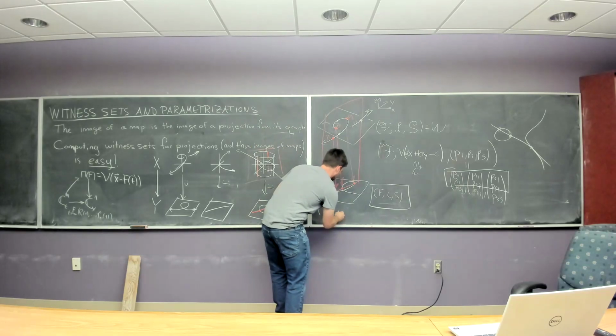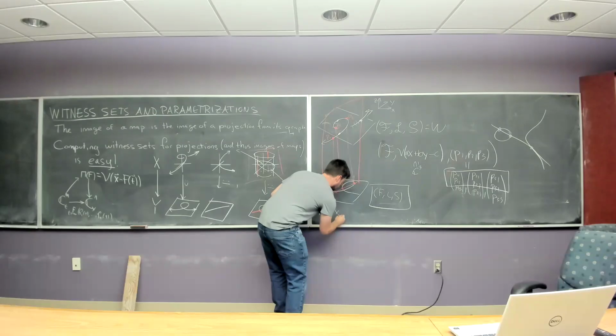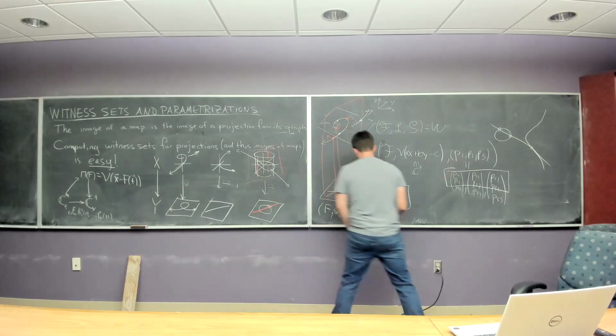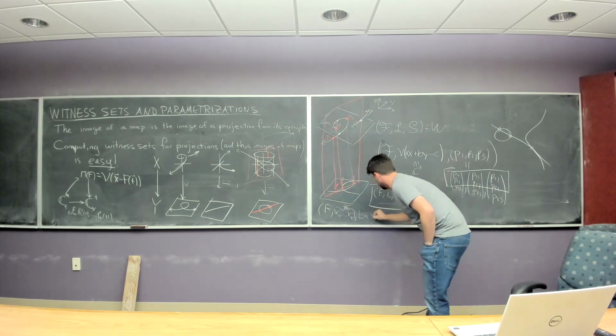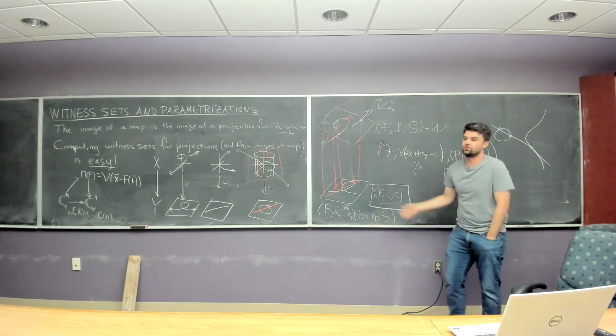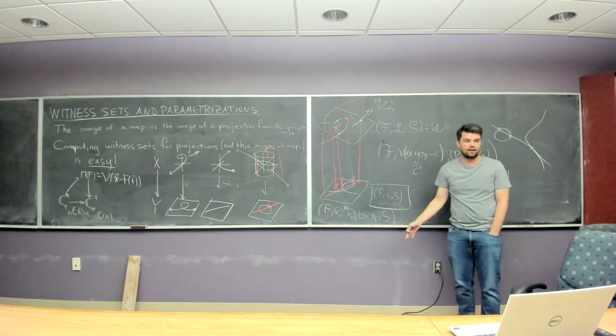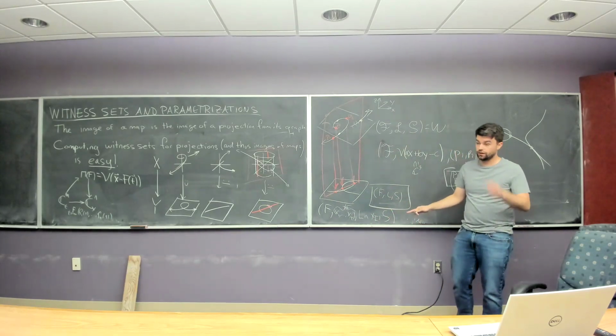I need a subset of coordinates like xi1, xik that I'm going to project down to. And then I'm going to need some linear space in, we'll call this xi, in the xi's, and then I need some s. Right, so you could write that down as like a quadruple and call that a pseudo witness set.